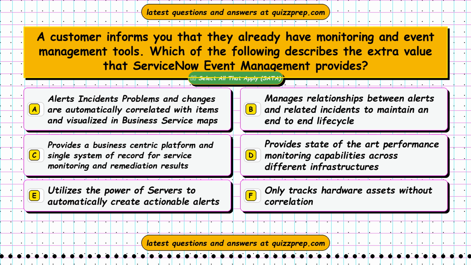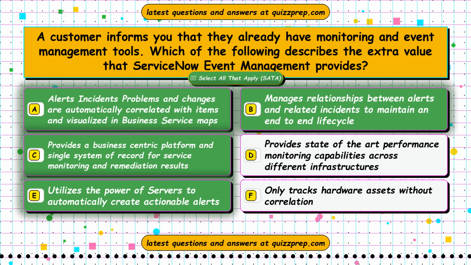Option C, provides a business-centric platform and single system of record for service monitoring and remediation results. Option D, provides state-of-the-art performance monitoring capabilities across different infrastructures. Option E, utilizes the power of servers to automatically create actionable alerts. Option F, only tracks hardware assets without correlation.